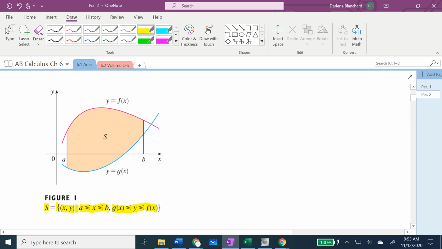So that's defining this region in here, and you need to learn this notation because it's going to show up here and there. And it's proper math notation on top of it.